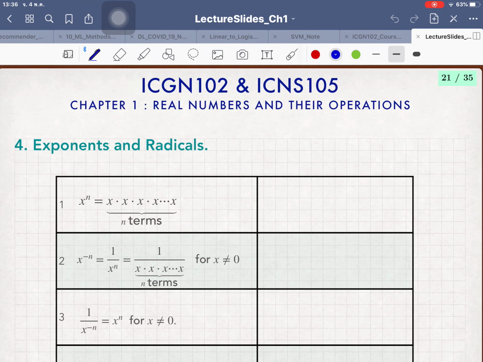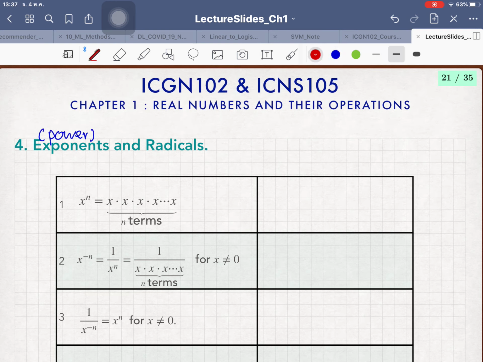The next topic is about the exponents or power and radicals. But first, let's talk about the exponents or the power term.